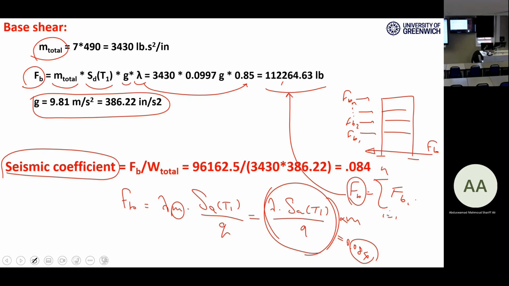You should have some kind of sense with the outputs of your design. You cannot put just numbers into some formulas and get some numbers and say, okay, this is design. This is not how it should work.